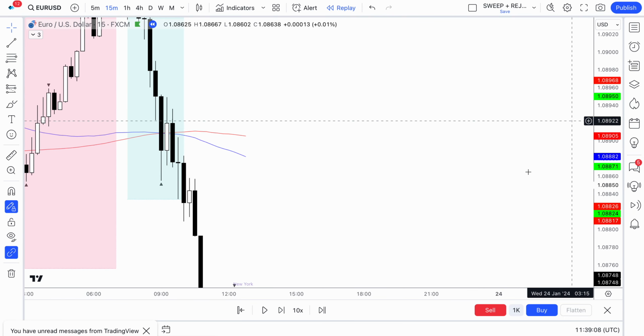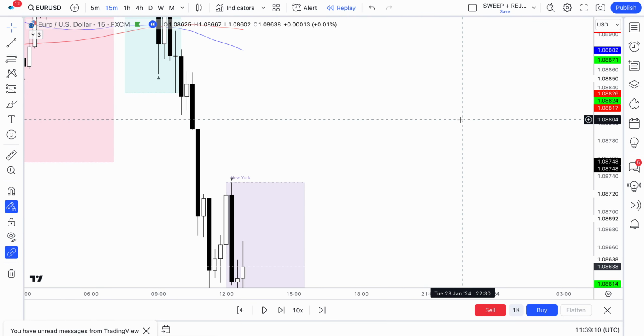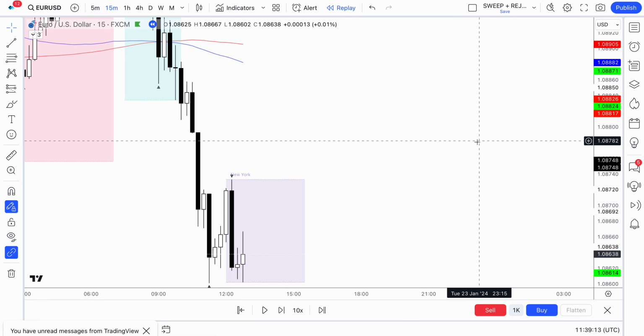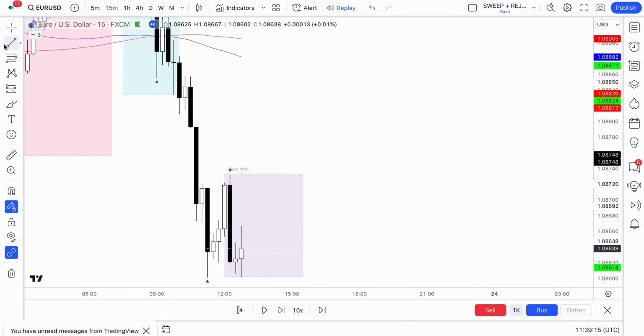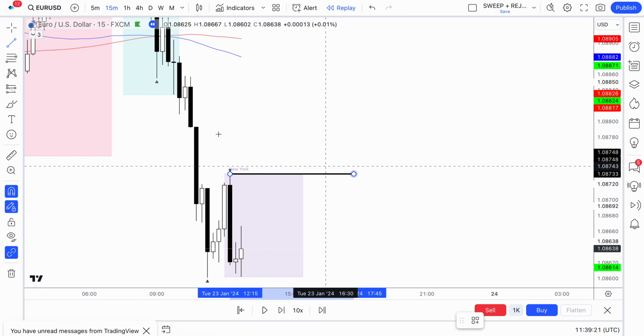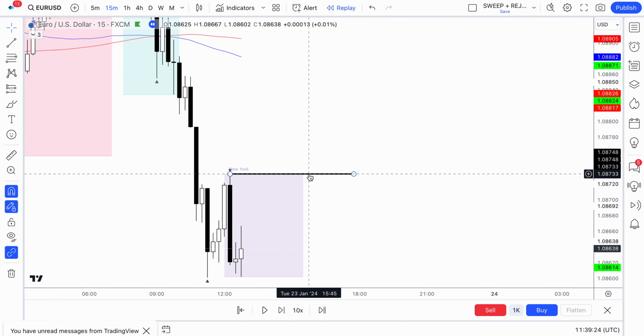The scenario for me to be interested in shorts on this trade is we need to see a sweep of liquidity, a sweep of a fractal high. This is the most recent fractal high here. Let's mark that on.